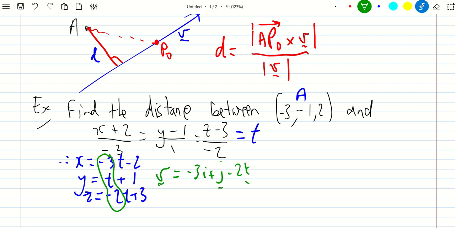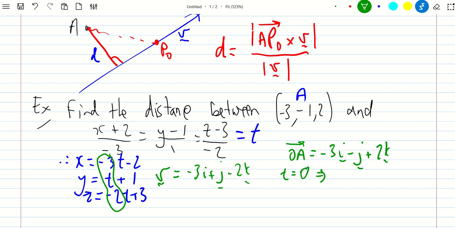What else do I need? I need A. OA is equal to -3i - j + 2k. So there's my OA. And I need a point, and I haven't got one at the moment, so I'm just going to pick a point that's on this line. When t is equal to 0, what's the point?